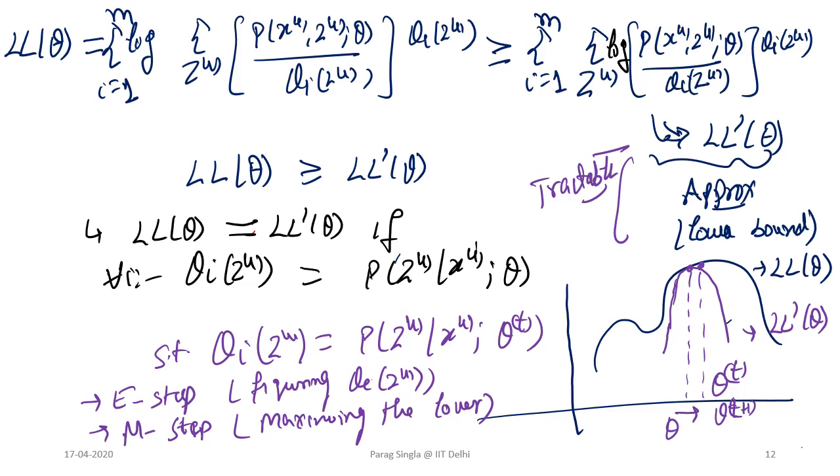This process of alternating between the E and M steps will converge to the optimum of the original function. I understand some things may not be entirely clear, but we'll deal with this in the next class.